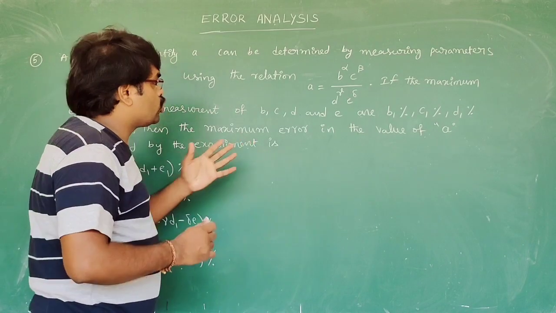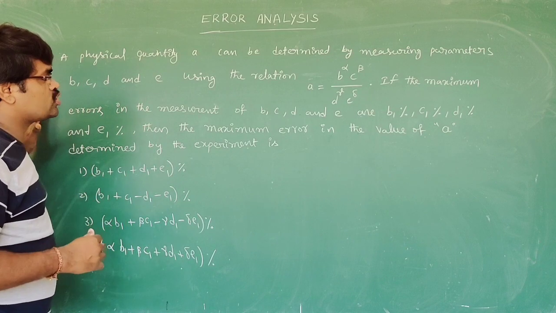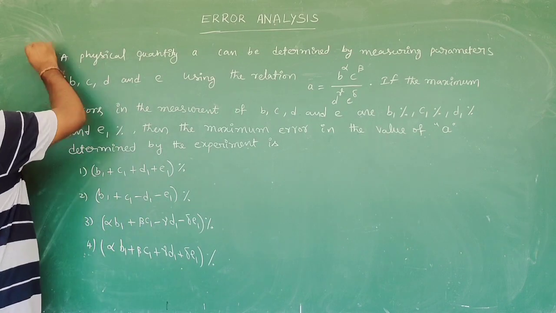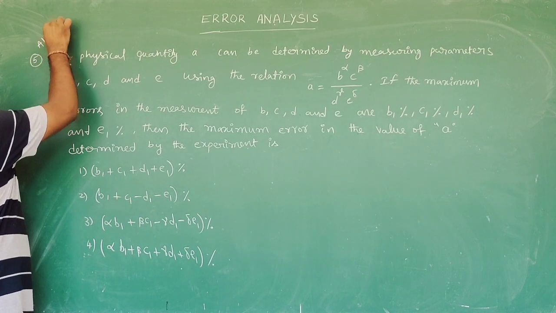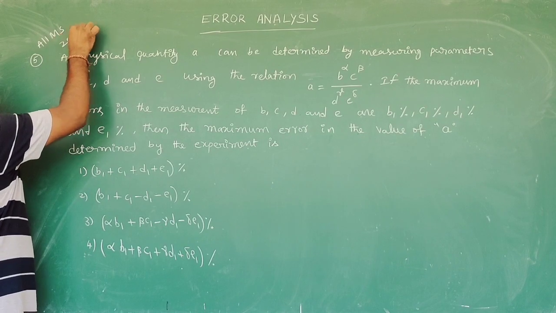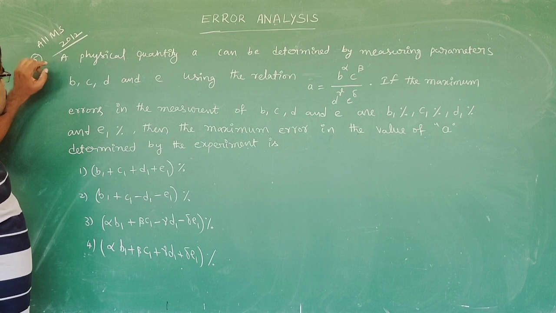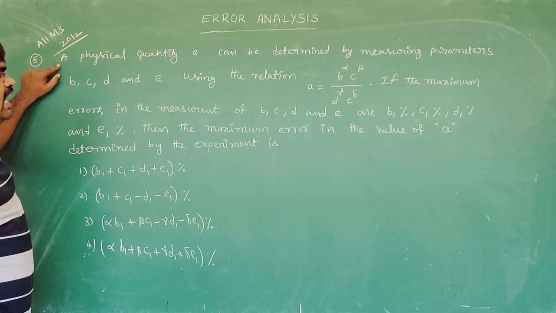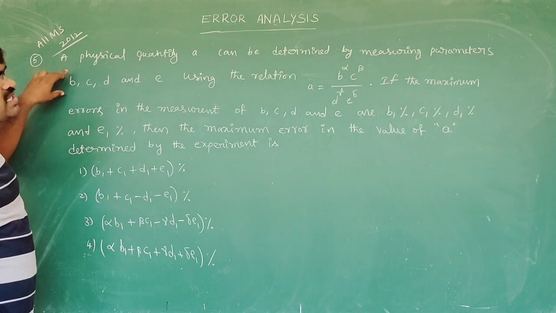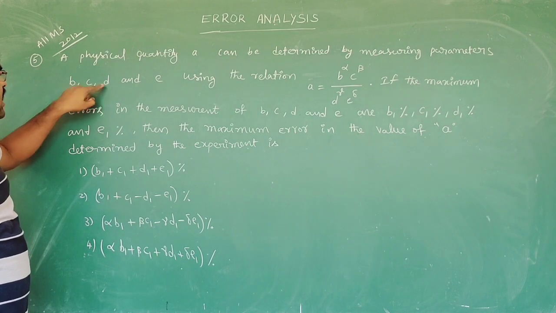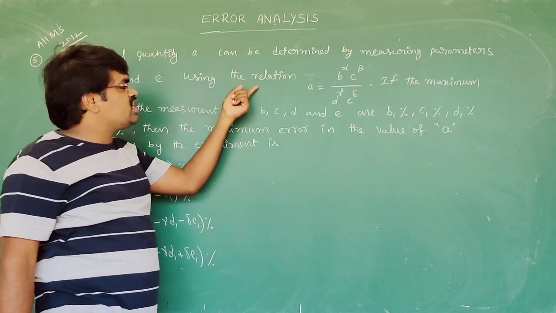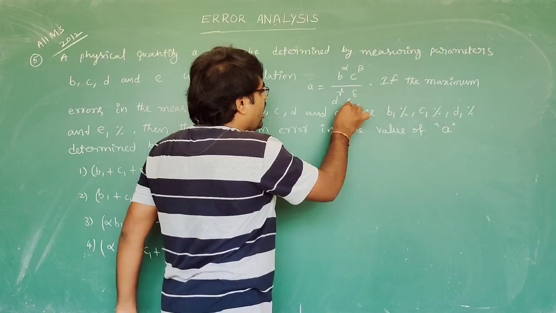Now, fifth question. AIIMS 2012. It's a very important model. See, a physical quantity A can be determined by measuring the parameters B, C, D and E using the given relation.